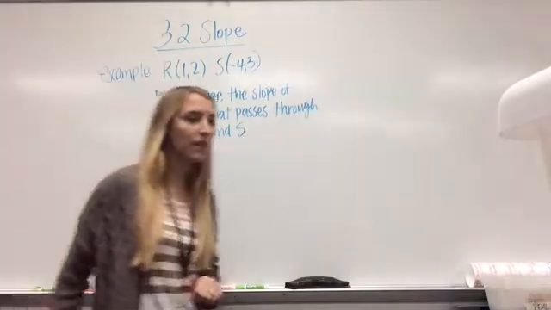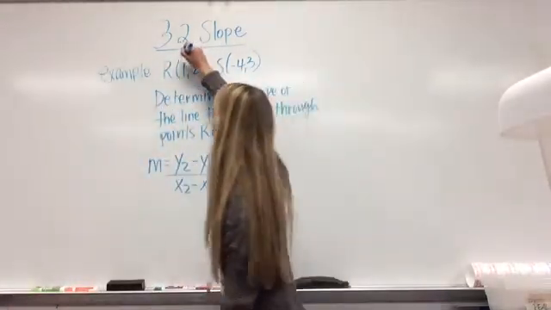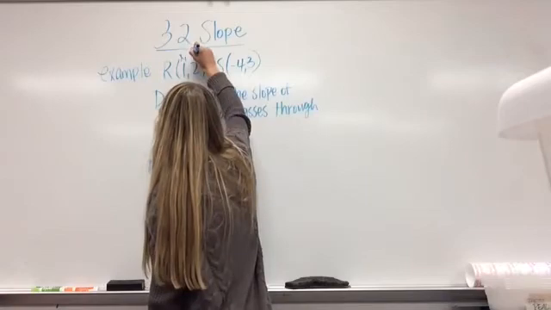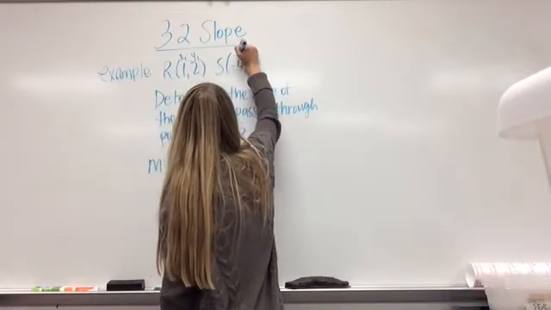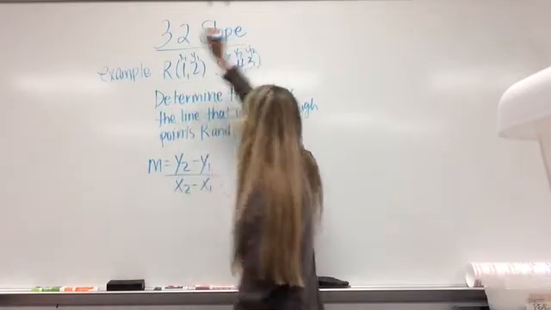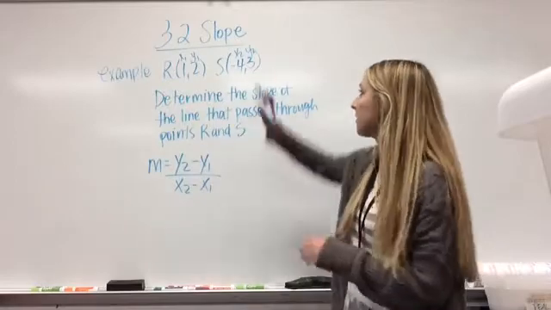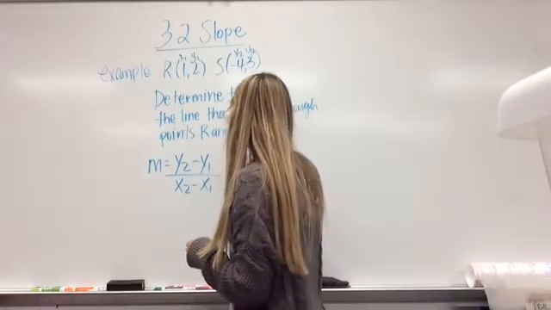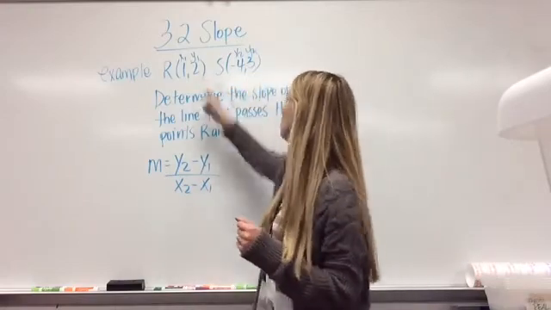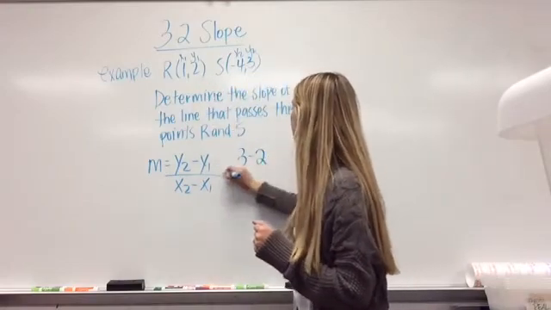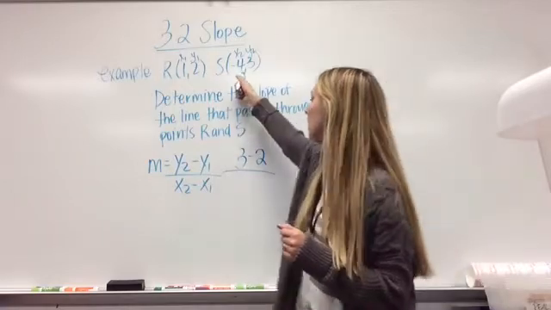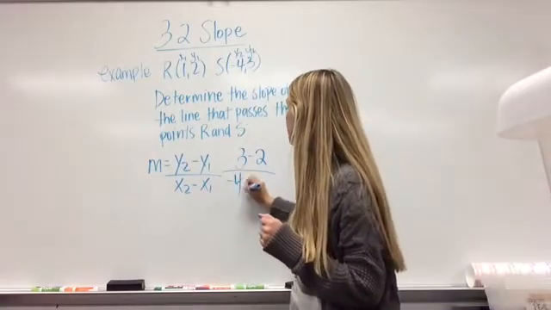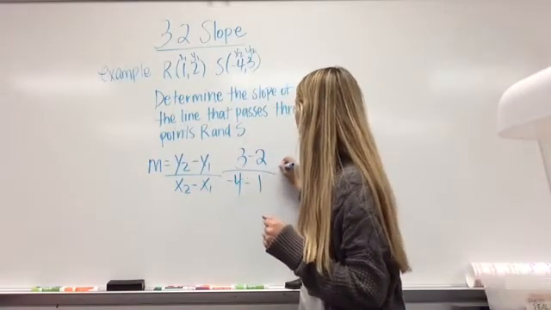Okay, so I'm just going to pick x1, y1, x2, y2. Again, starting with my y2, I'm just going to plug in 3 minus y1, which is 2, over negative 4, that's x2, minus 1.